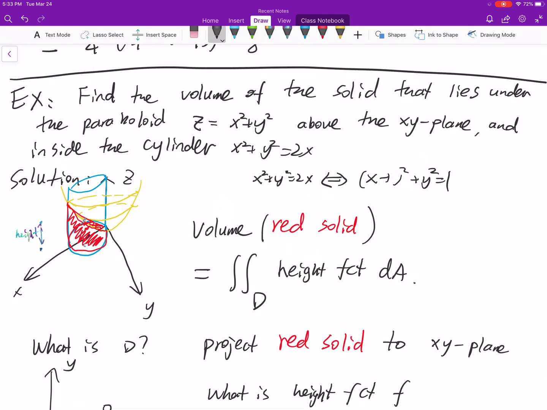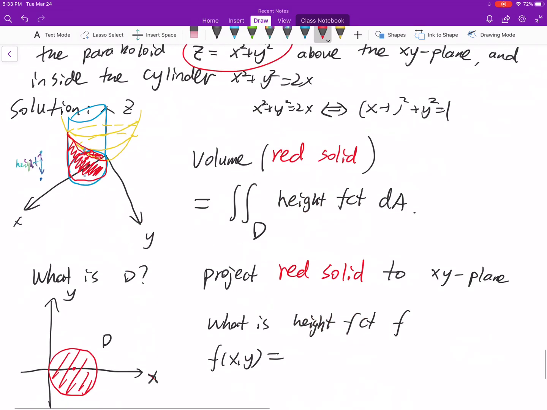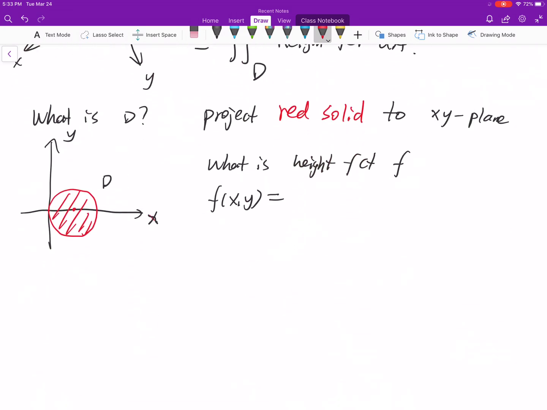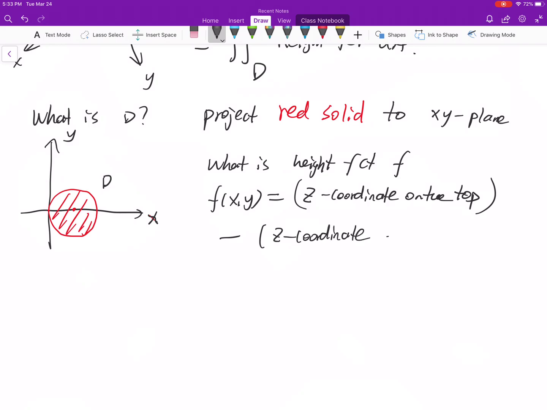Look at the formula we have here. So z coordinate on the top minus z coordinate on the bottom.